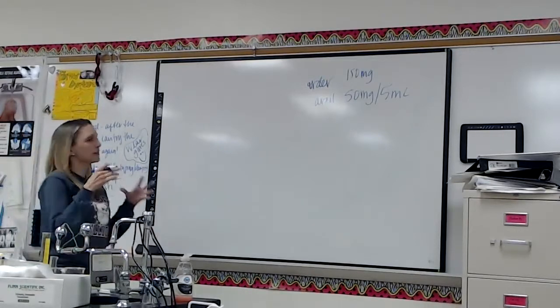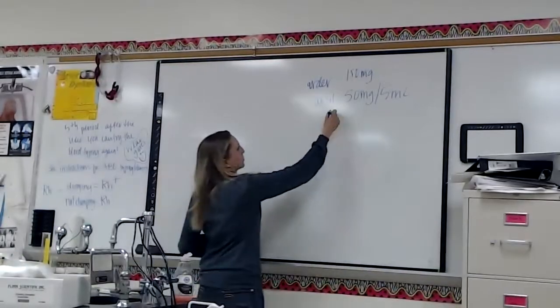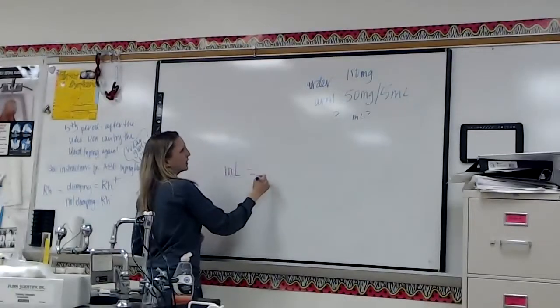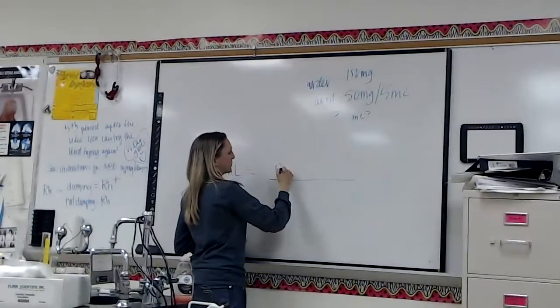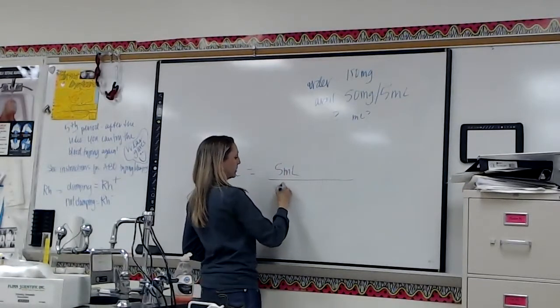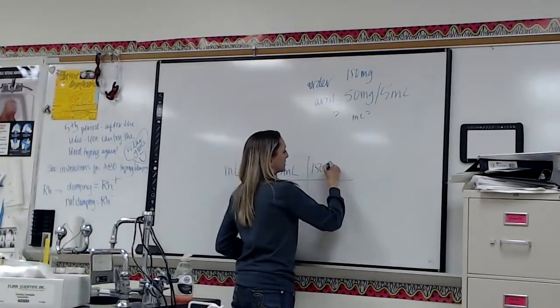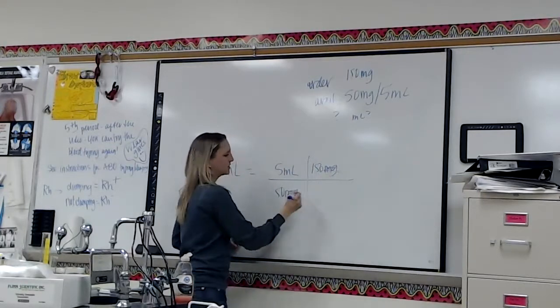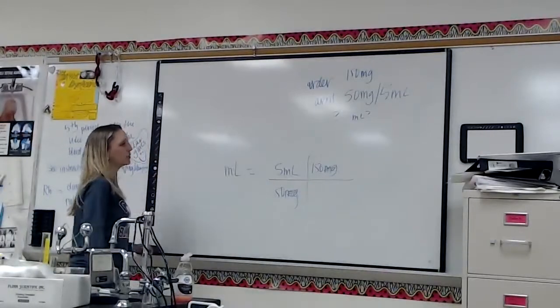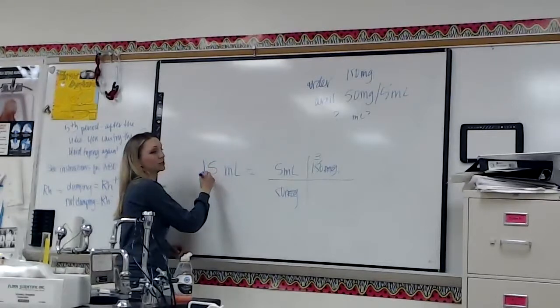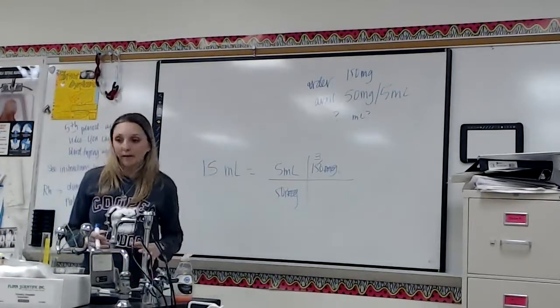How much do they need for that now? They're still wanting to know milliliters. Milliliters over here. I know there's 5 milliliters and there's 50 milligrams in that, and that 150 milligrams is our dose. Cancel out my milligrams. I multiply this. I'm going to get 15 milliliters. So that's how much they need right now.